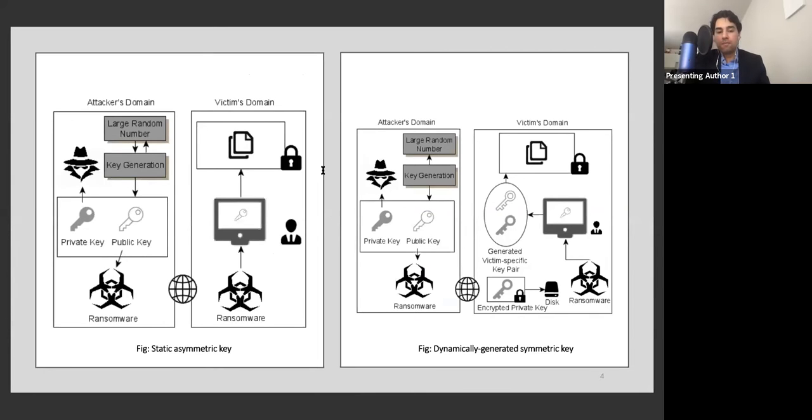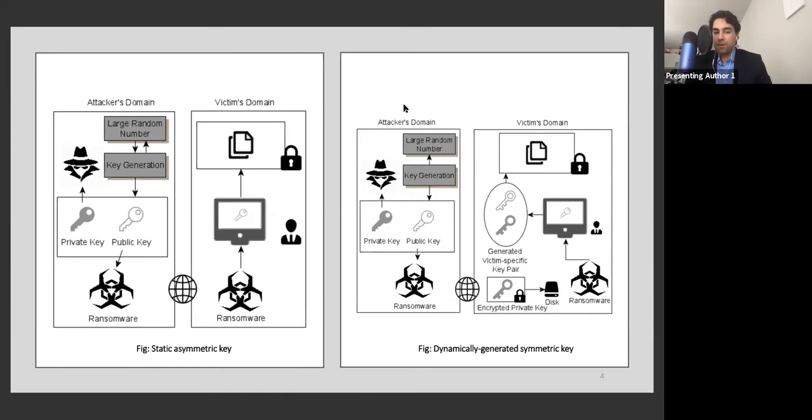So starting with the asymmetric key, basically this is the difference between a static key and a dynamic key. On the left hand side, you see in the diagram that in the attacker's domain, they generate an asymmetric key, a public-private key pair.